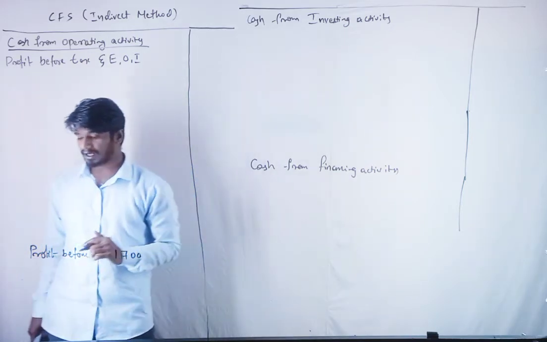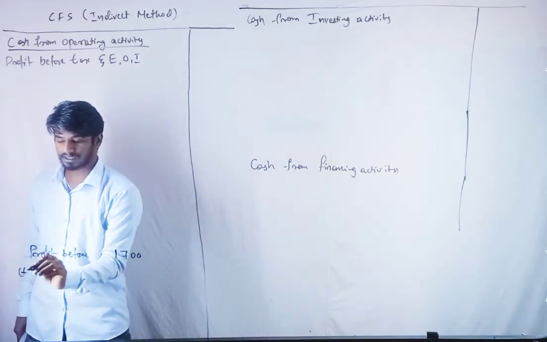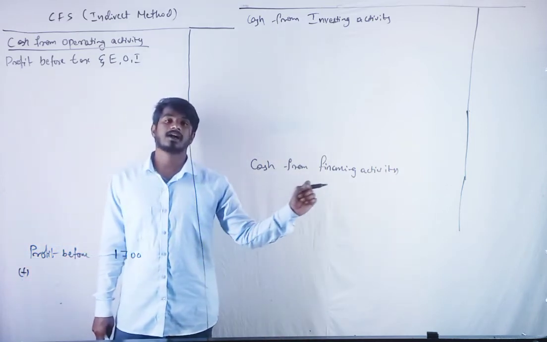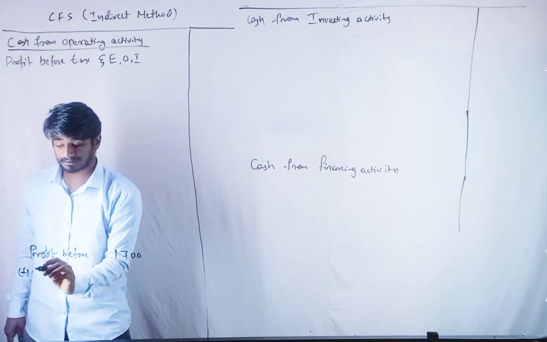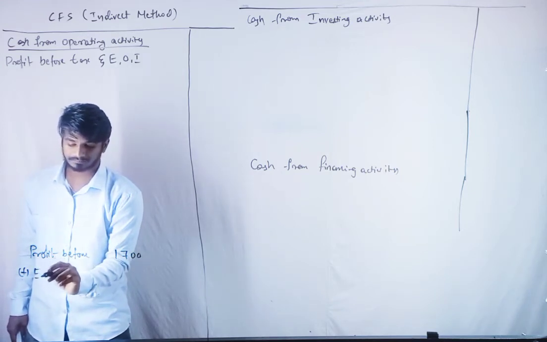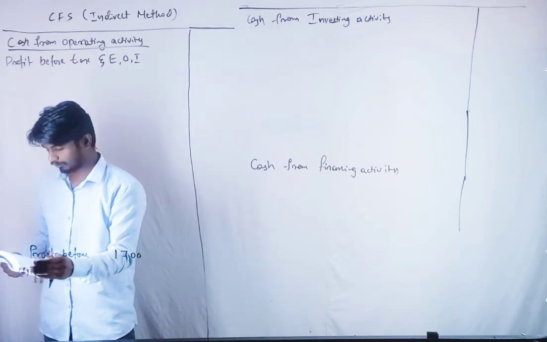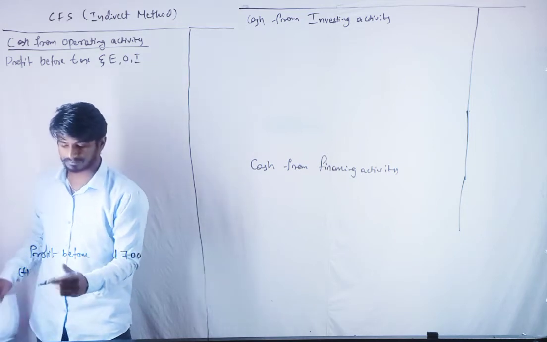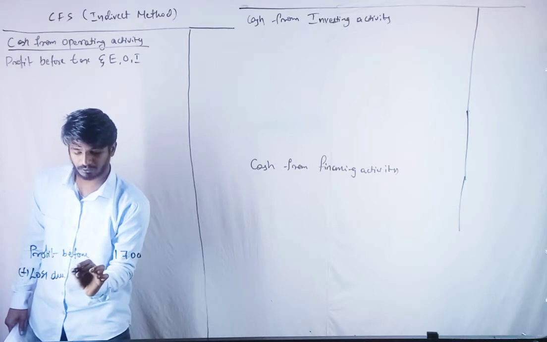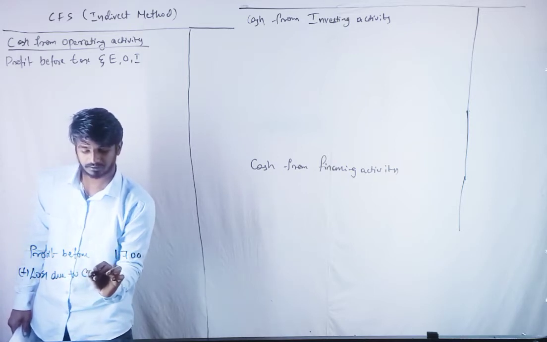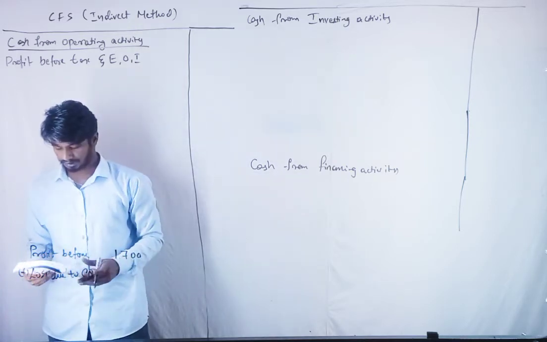Then what we will add to this? Extraordinary item. This is loss due to earthquake, right? Loss due to earthquake. Is that okay?